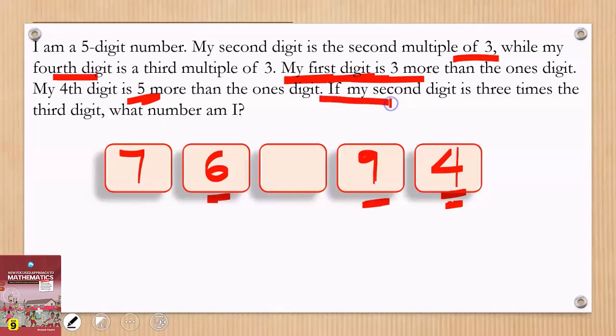And if my second digit is 3 times the third digit, what am I? My second digit, which is the 6, is 3 times this one. That means a number times 3 will give me 6. So that number should be 2. Then I'm done. So what it means is that my number is going to be 76,294, and that becomes the answer.